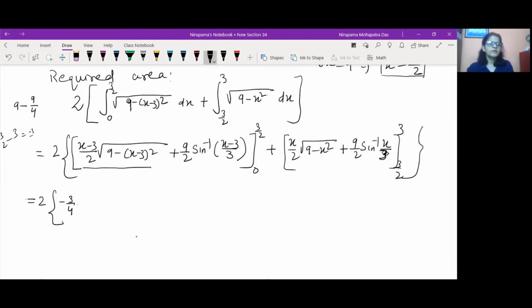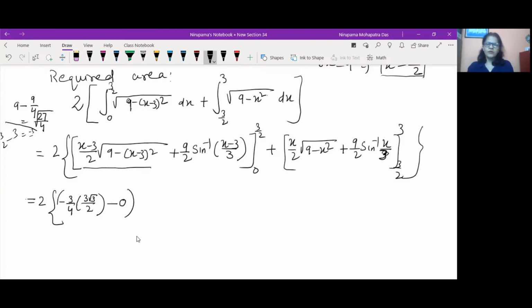Okay, so it means you are getting what? 9 minus 9 by 4 is 36 minus 9 over 4. 36 minus 9 is 27. Square root of this, so 3 root 3, divided by 2. Okay, this is value at upper limit. So minus lower limit is 0. So minus 3 by 2 here, 9 minus 9, 0. So you are getting here 0.